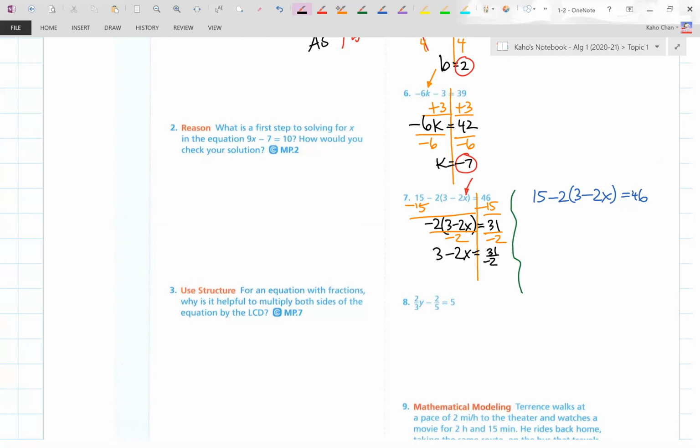I'm going to subtract 3 next. Wow. This is much harder than it looks now. 31 over negative 2 minus 3. And eventually I have to divide by negative 2 as well.